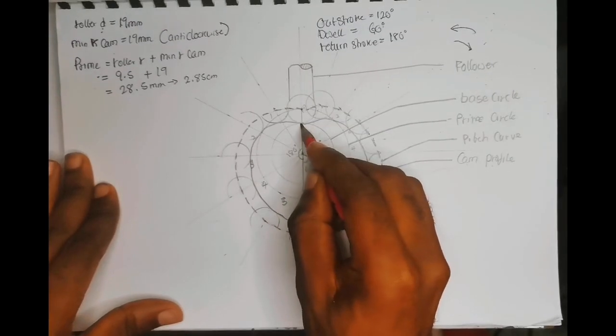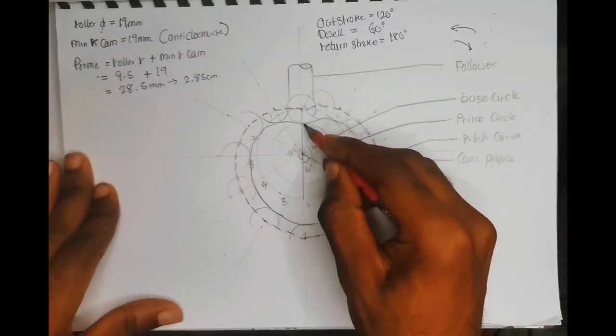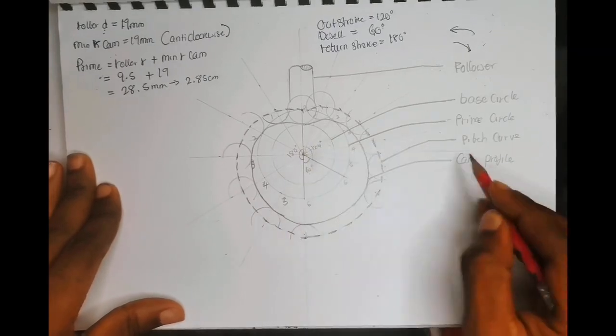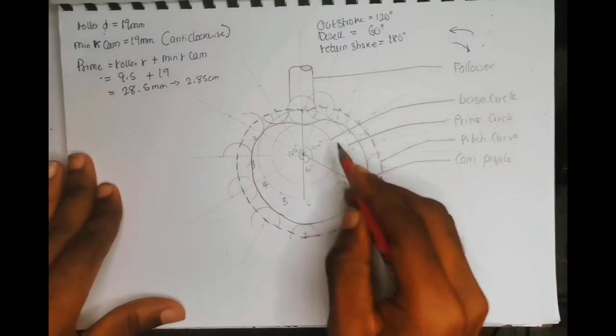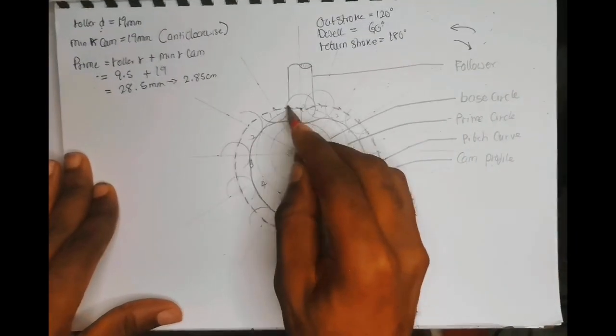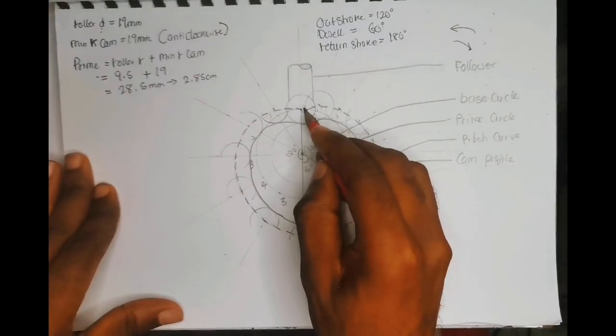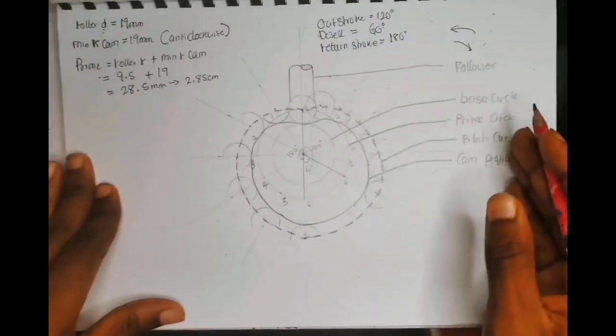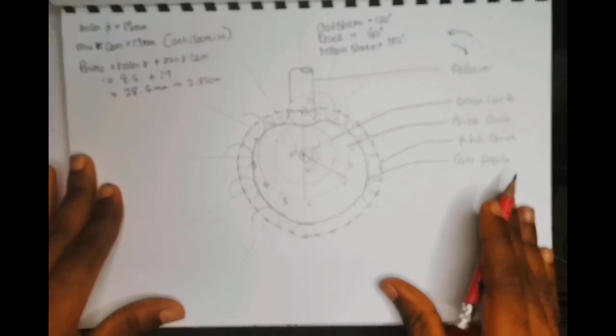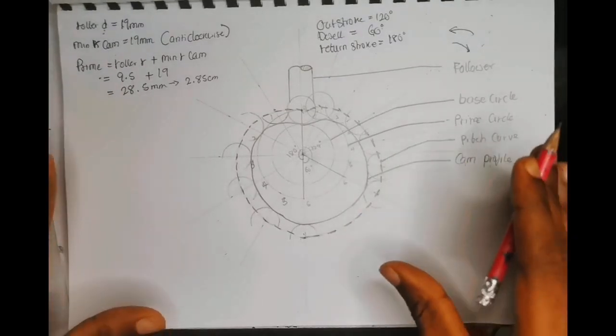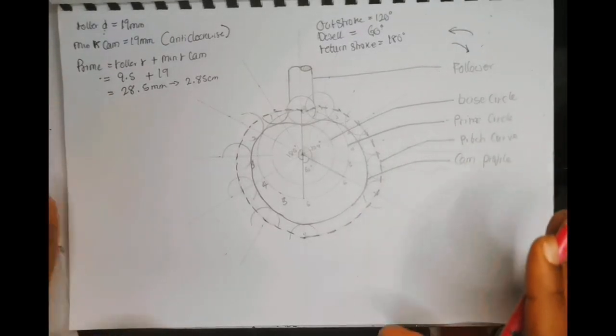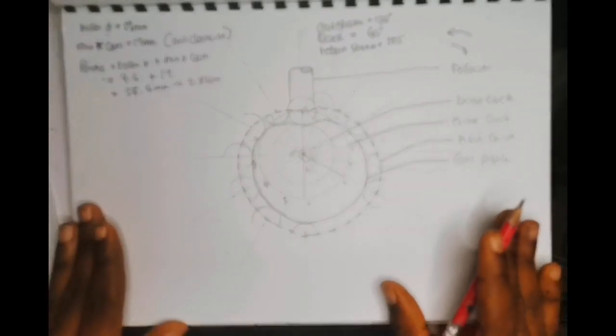It starts from the base circle and comes back to the base circle, while the pitch curve starts from the prime circle and comes back to the prime circle. Alright, so this is how you draw the cam profile.